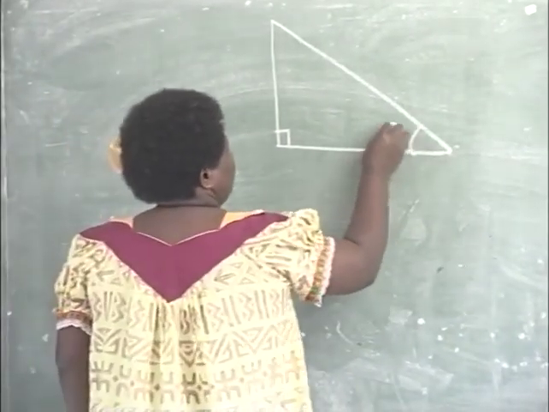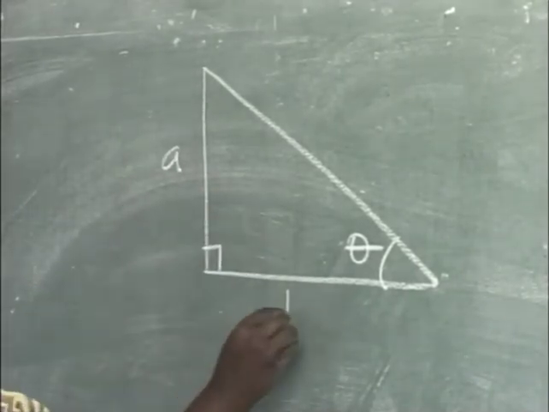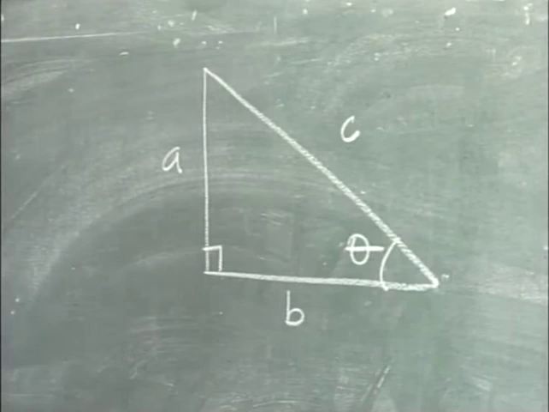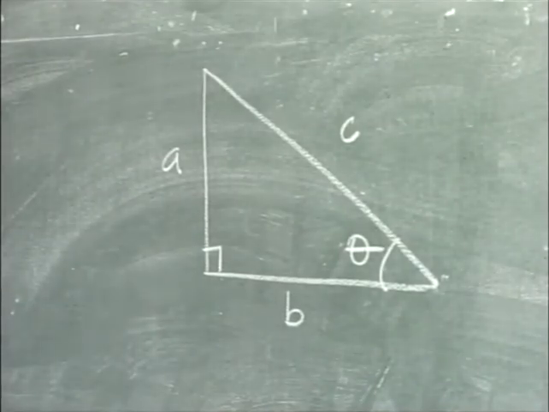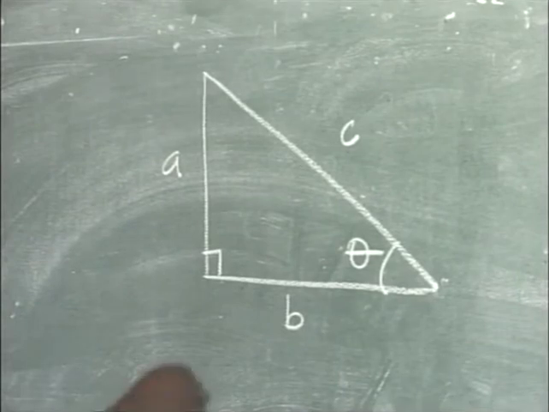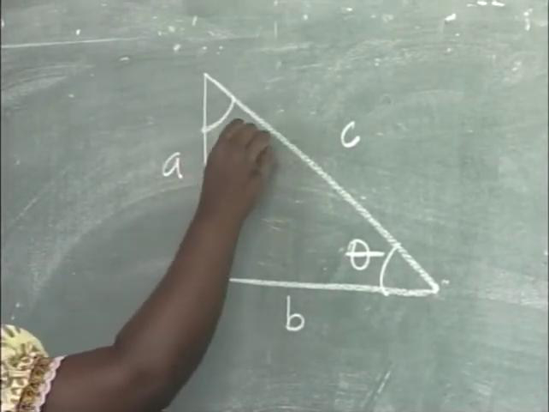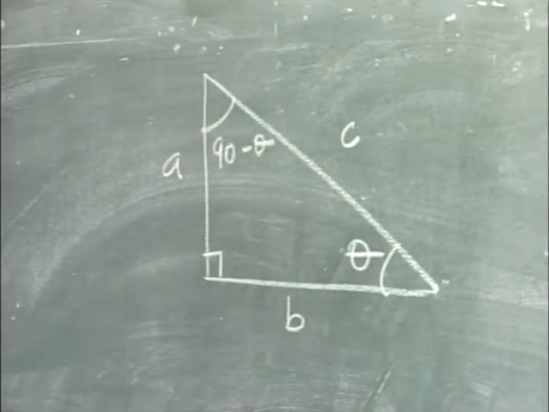Okay, if I have an angle theta, and I've got three sides to the triangle A, B, and C. Okay, this angle is the complement of theta, which is 90 minus theta.